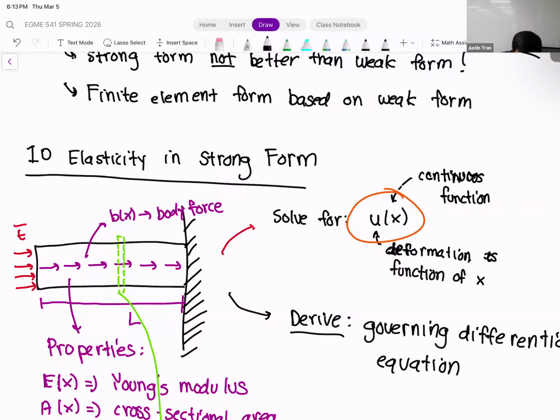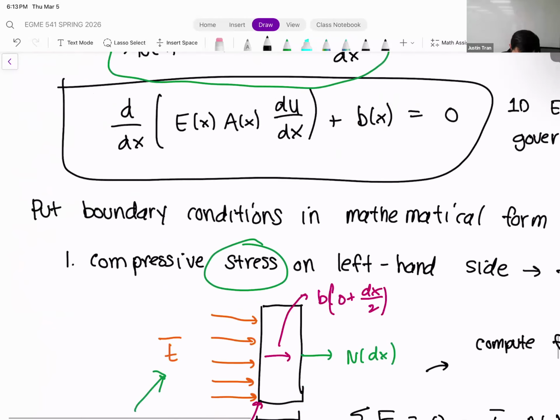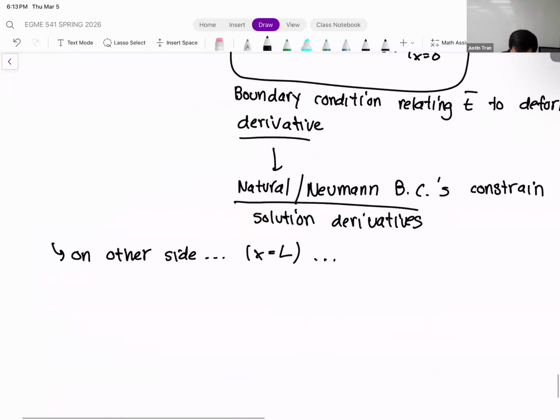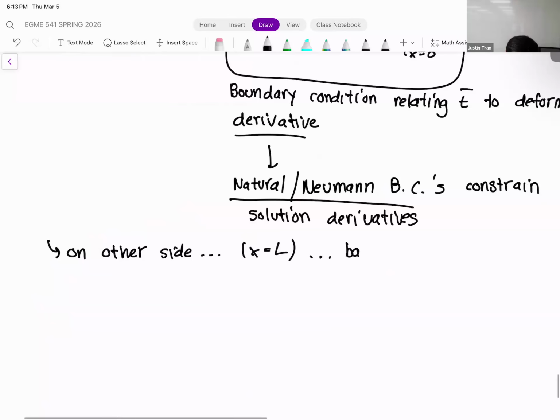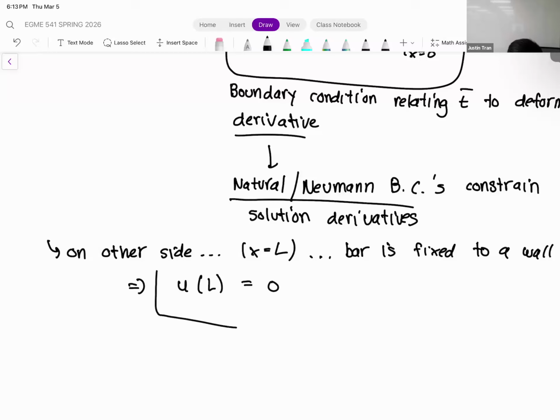Because the wall is fixed, our deformation must be 0 at that wall. We've seen fixed supports a lot already. This basically means that any deformation there is going to be equal to 0.